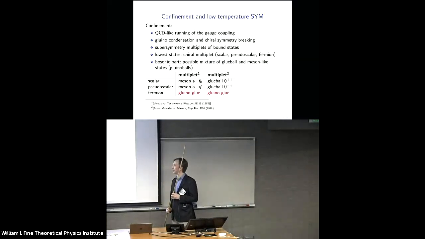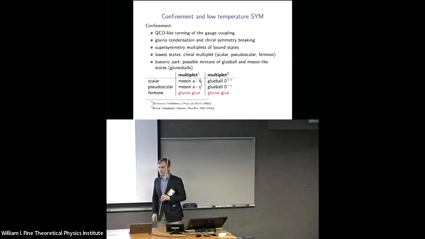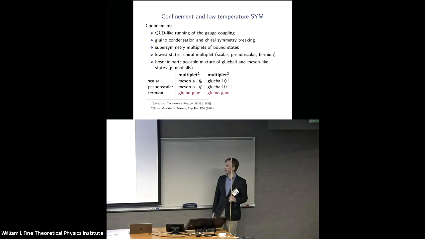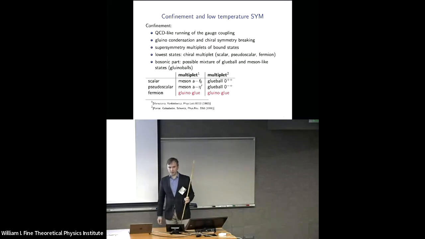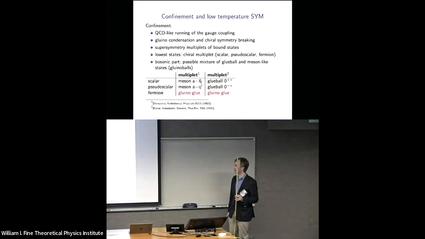The important properties of low energy, or low temperature, supersymmetric Yang-Mills theory is that it is expected to have a QCD-like running of the gauge coupling, to be a confining theory, and then also you expect that you have gluino condensation and chiral symmetry breaking. Since supersymmetry should be preserved even at low energies, there should not be any kind of spontaneous or anomalous supersymmetry breaking.